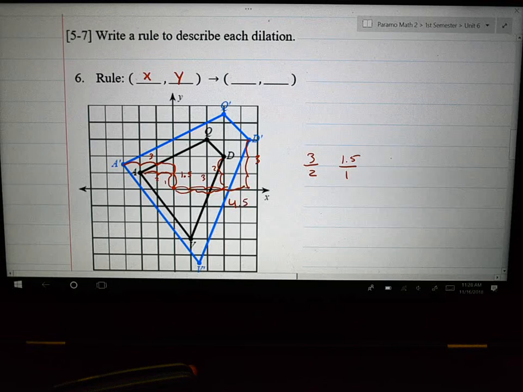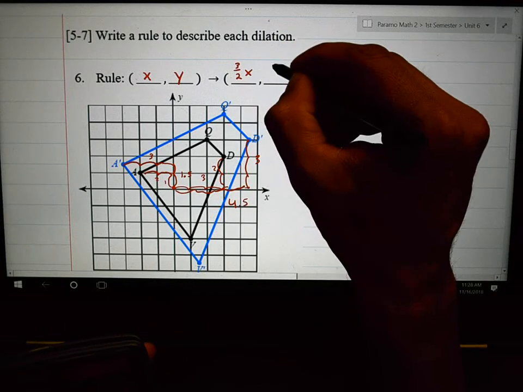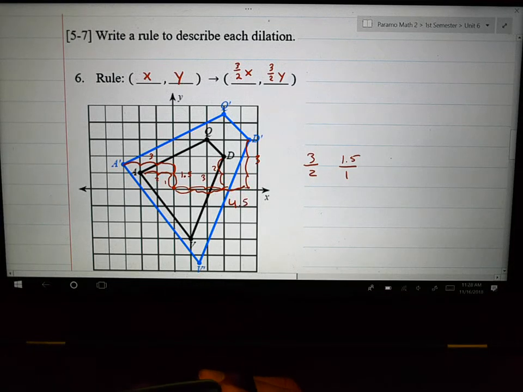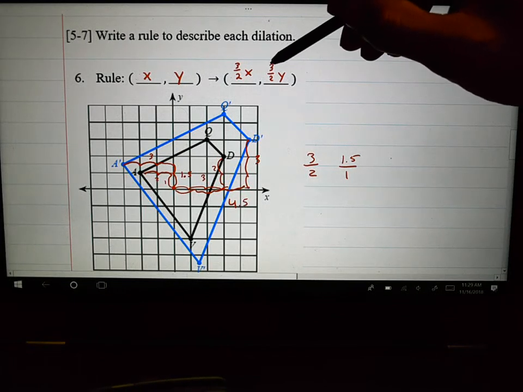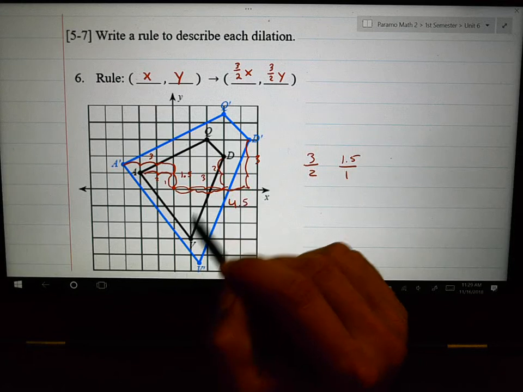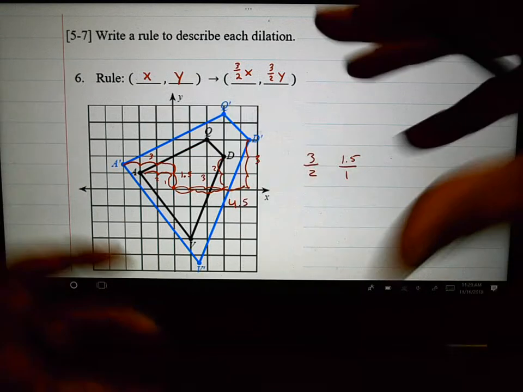You're dilating it by 3 over 2 to your x's and 3 over 2 to your y's. This is your scale factor multiplying every x, and this is your scale factor multiplying every single y. I could check the other points, but it's going to work either way. So are they always going to be the same? They have to be, otherwise it would not be in the same proportion.